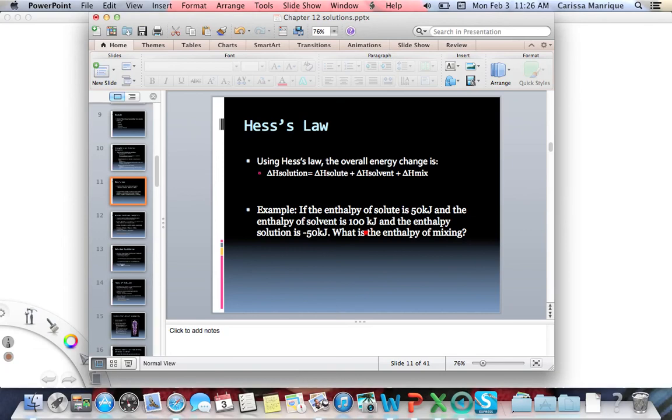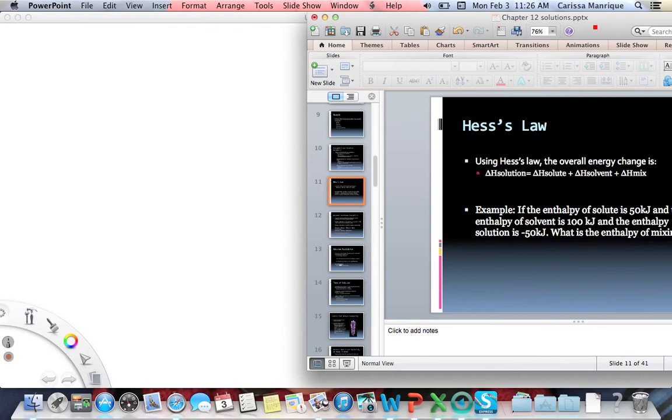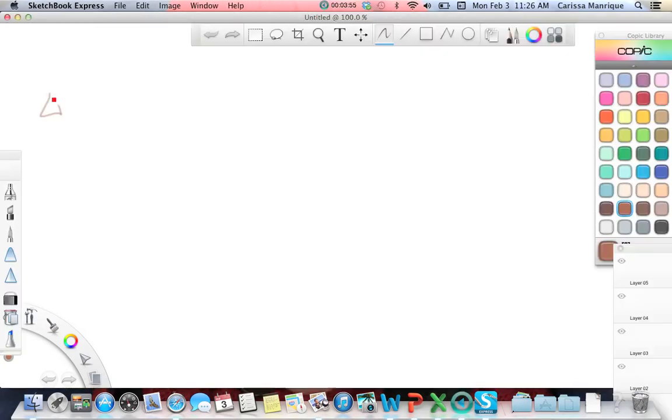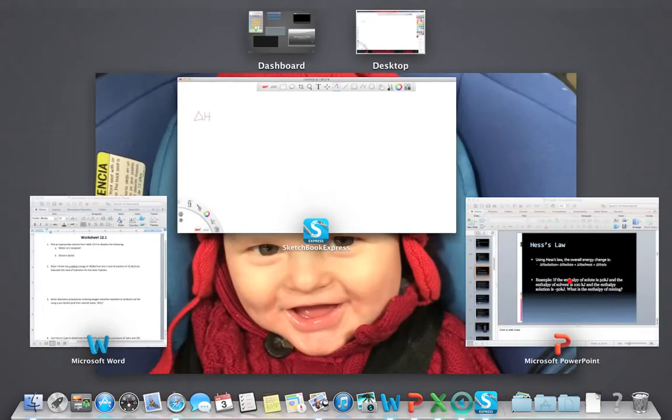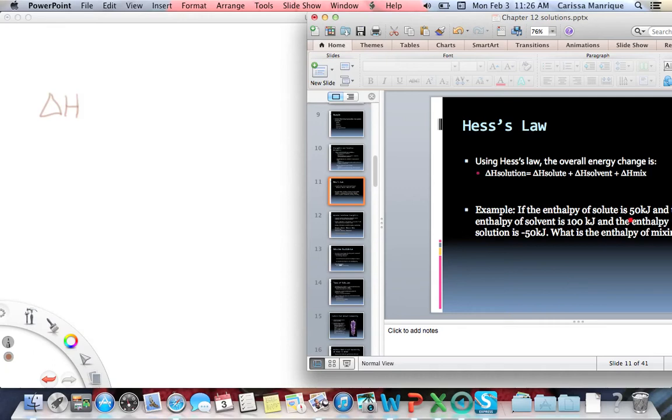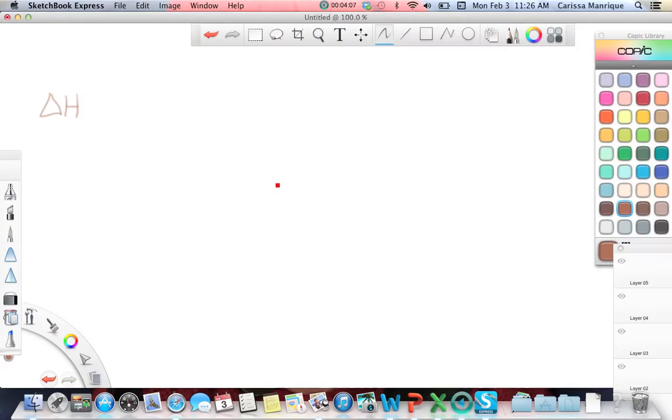If the enthalpy of solute is 50 kilojoules, so let's see, write it over here. Delta H solute is 50, and delta H, the enthalpy of solvent, is 100. Delta H solute equals 50 kilojoules.